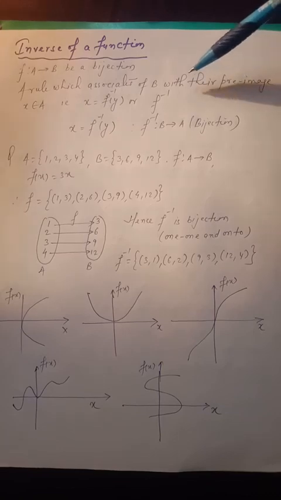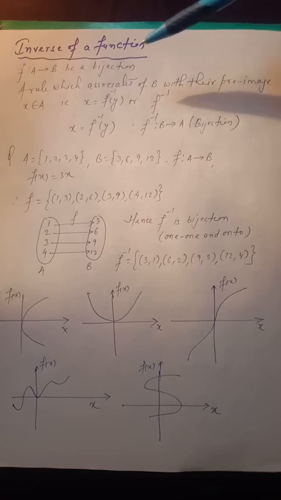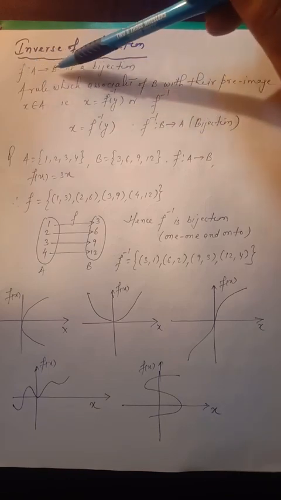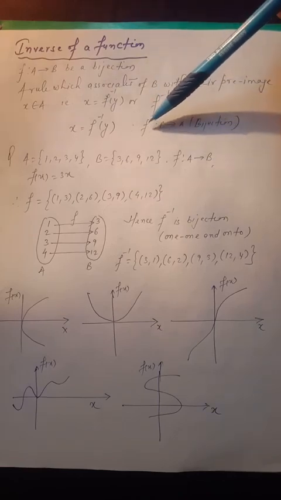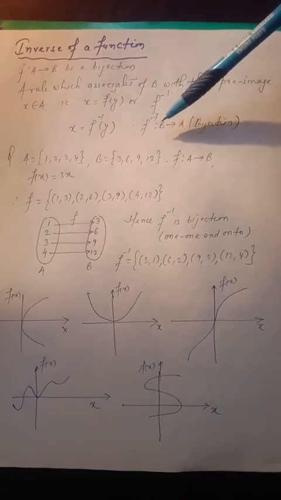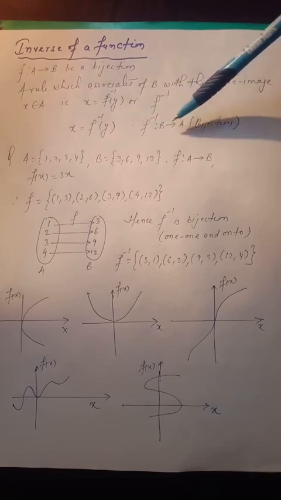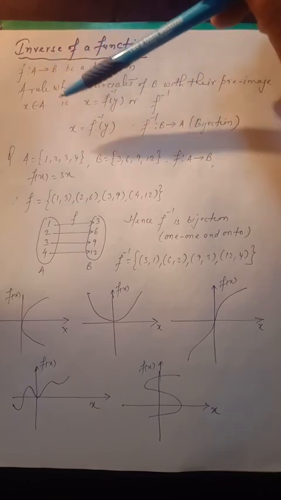This is a reverse rule where the elements of set B are related to the elements of set A. When function f is defined from set A to B, there will be another function known as f inverse, and this function will be from set B to A.